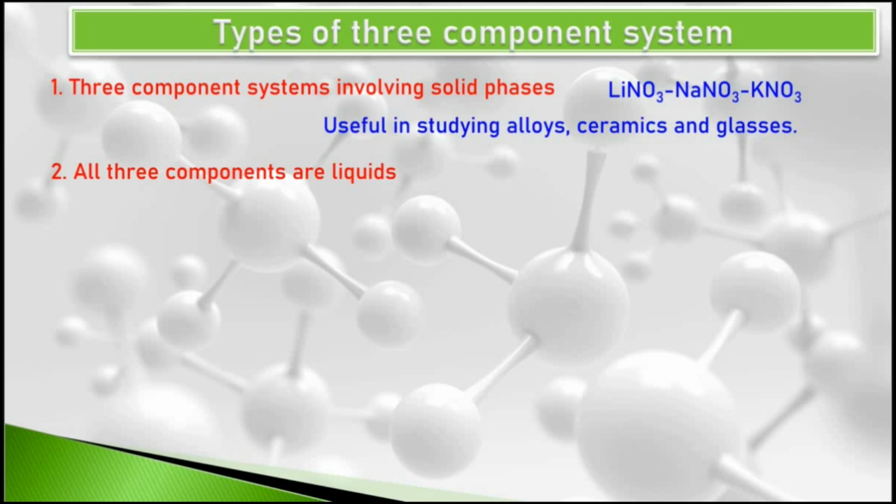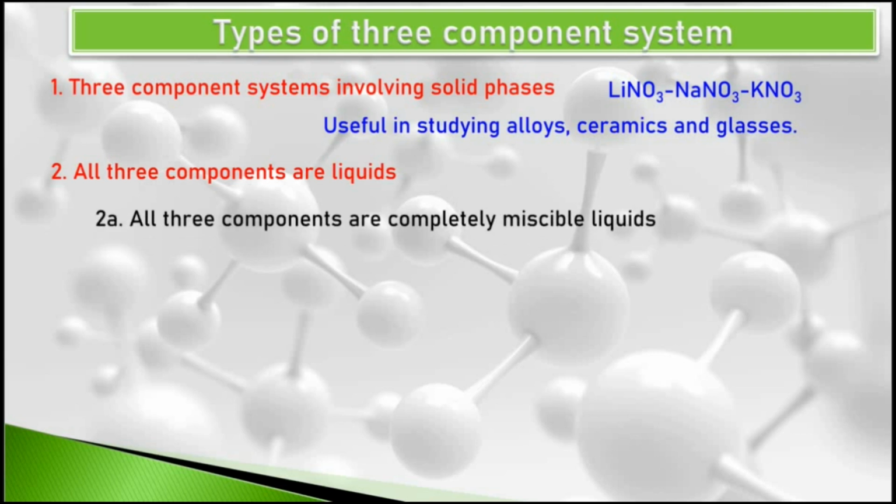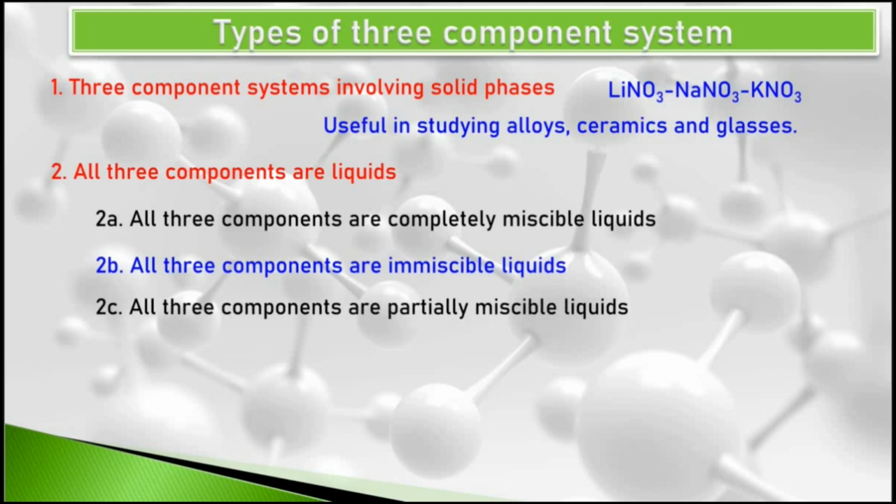Now, when all three components are liquids, they may further be divided into: number one, all three components completely miscible liquids; number two, all three components completely immiscible liquids; and third, all three components partially miscible liquids.